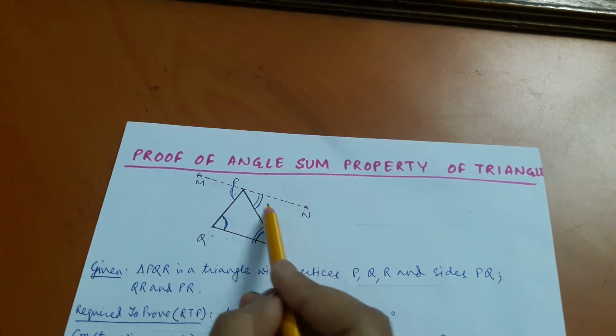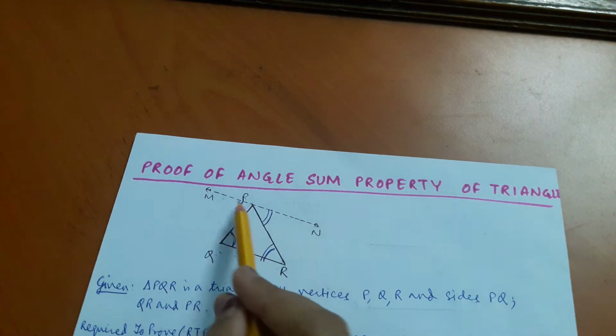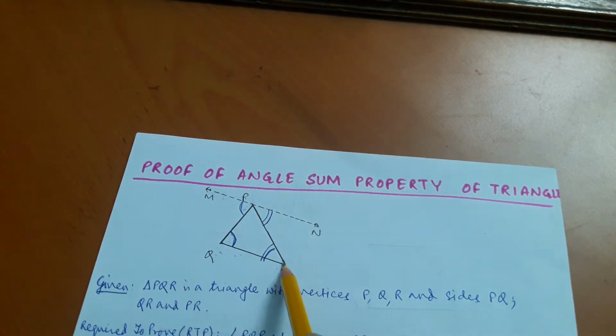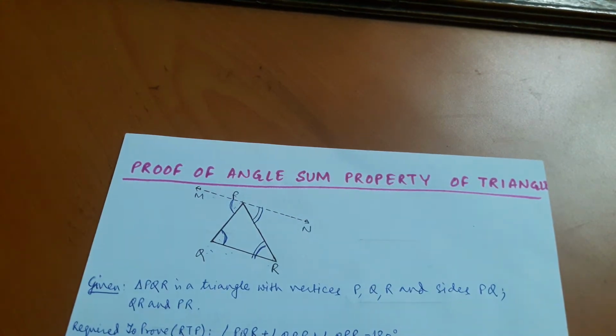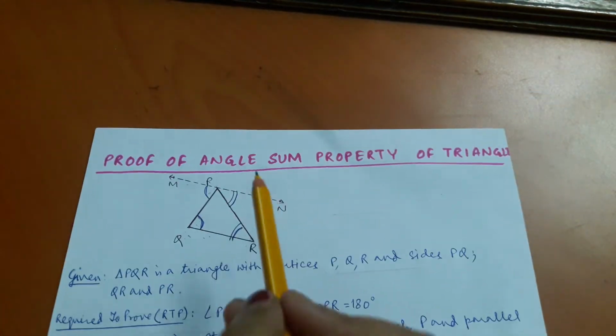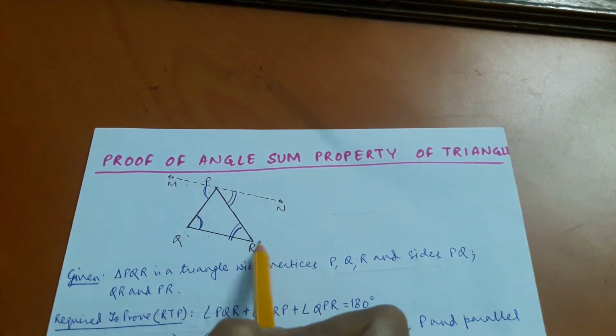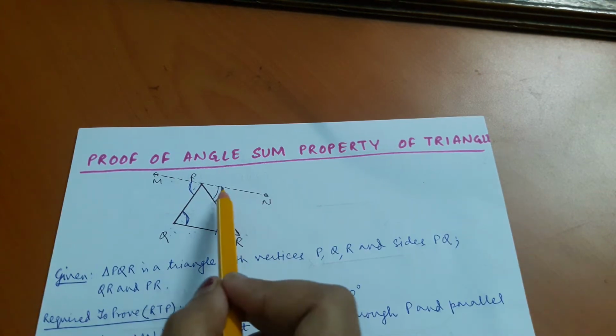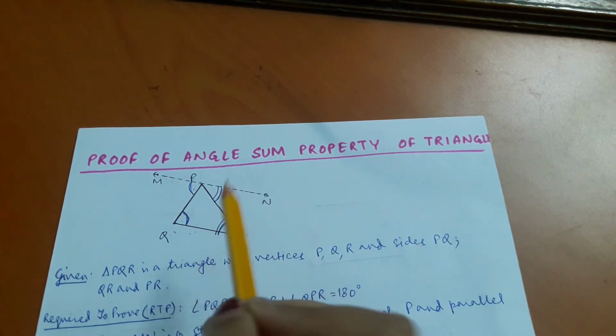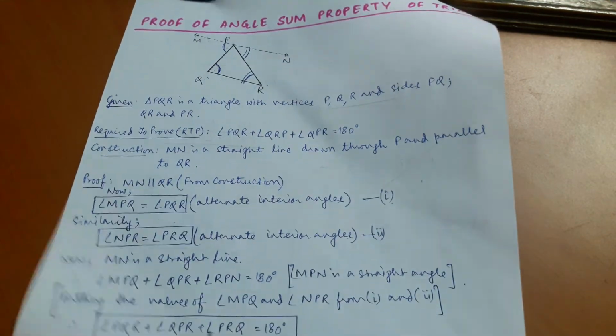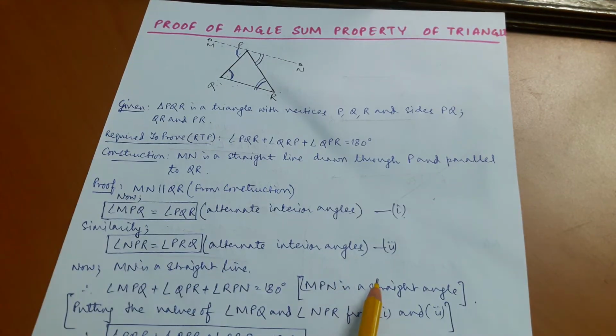See, this upside-down Z formation, while the earlier one was the straight Z formation. MPQ equals PQR. In the same manner, in the reversed Z formation, NPR equals PRQ. These two angles are alternate interior angles. I have named this as equation 2.